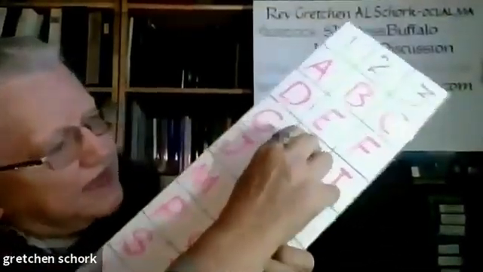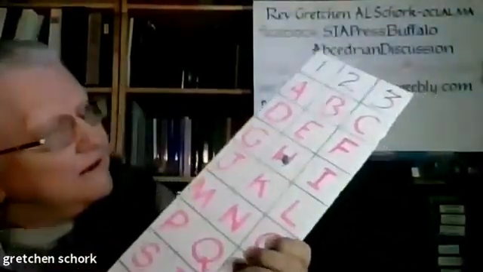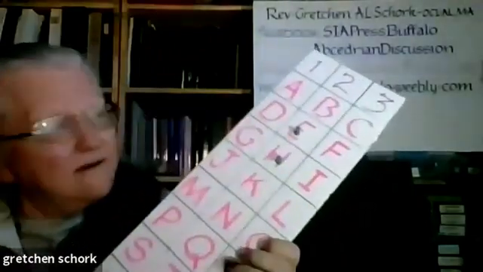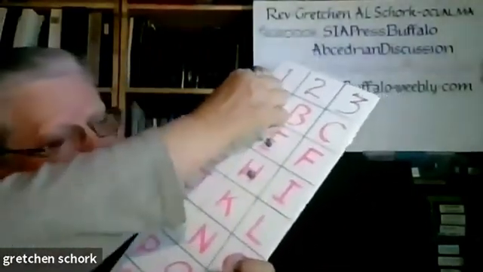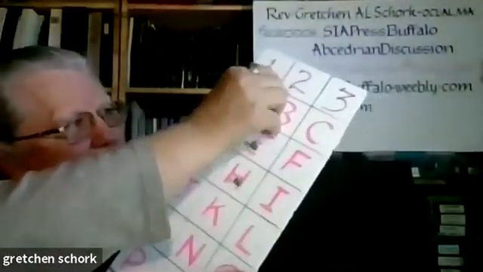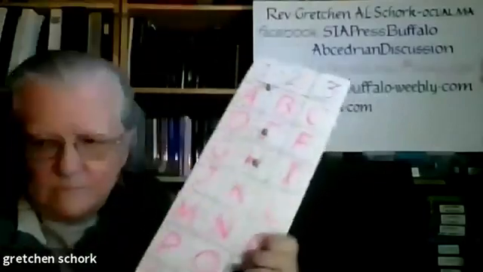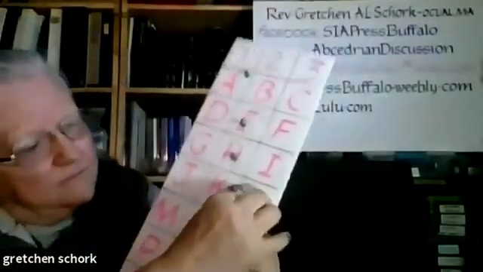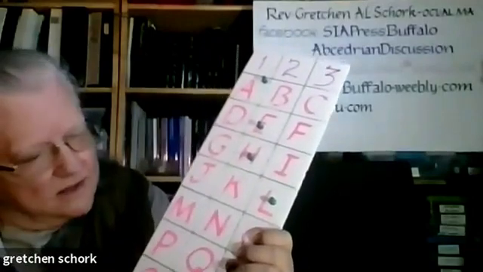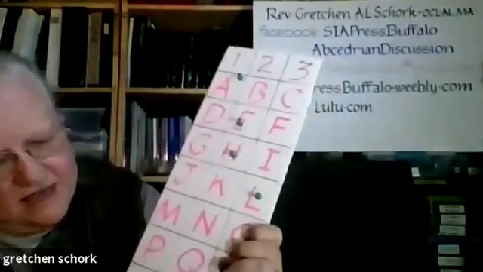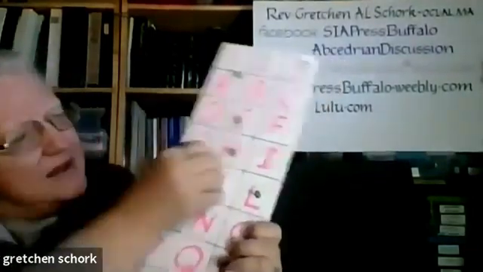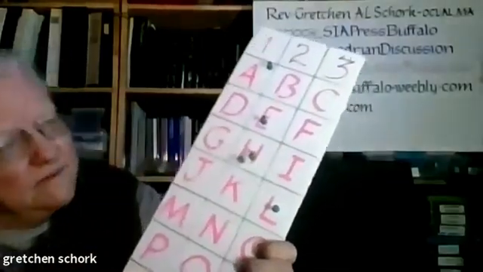So we start with H, E, A, that one in the upper corner, L, T, and H. Okay.